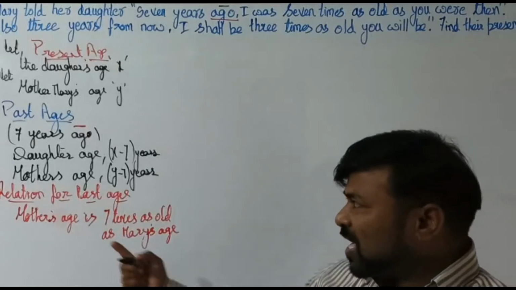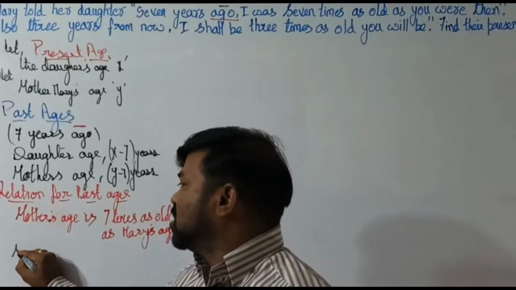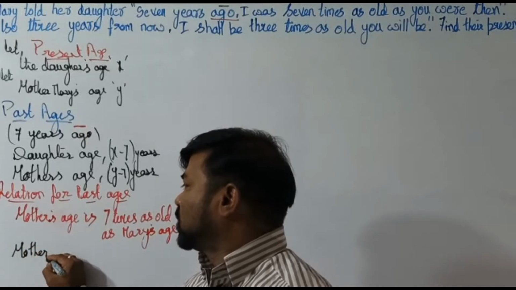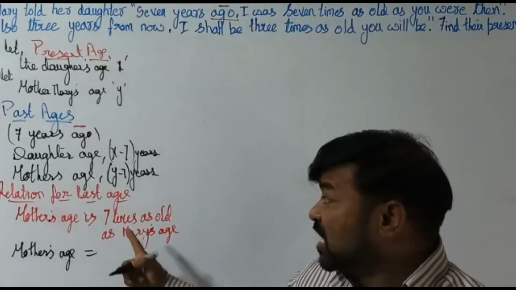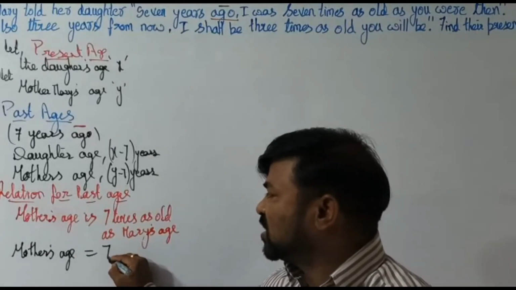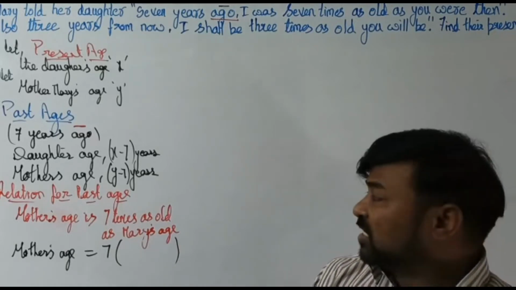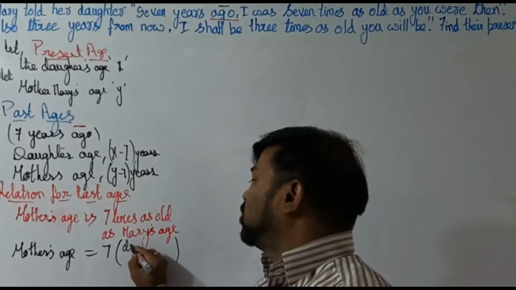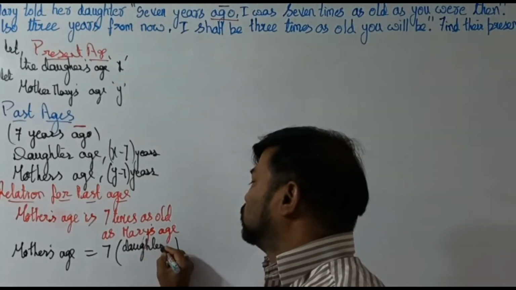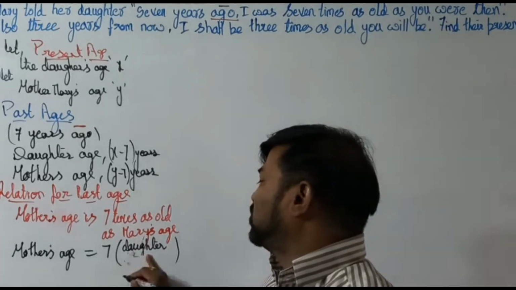Okay, so if you frame this in terms of the relation, the mother's age, is means equals. 7 times, times means product. 7 times the daughter's age.